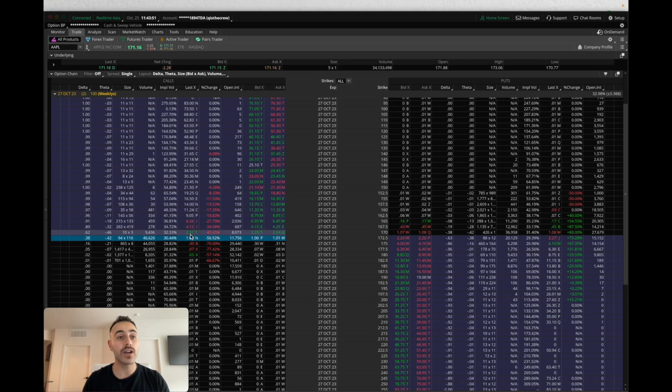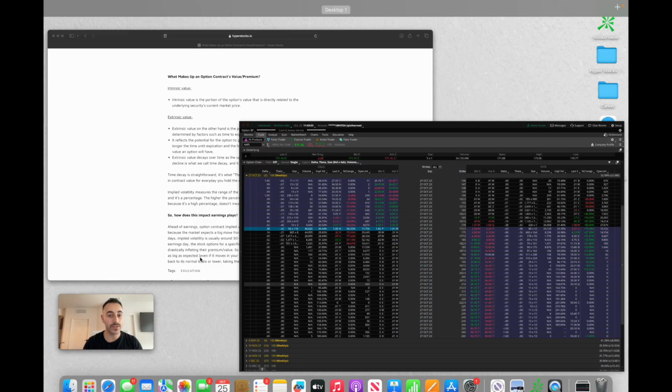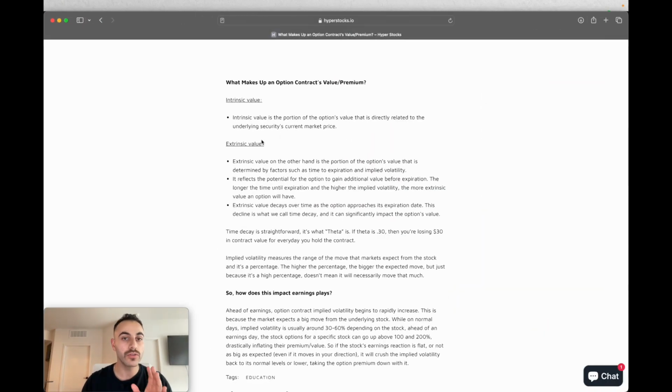They do not really rely anymore on extrinsic value. They are solely reliant on intrinsic value, which is directly related to the stock's price, and the extrinsic value has been almost drained.